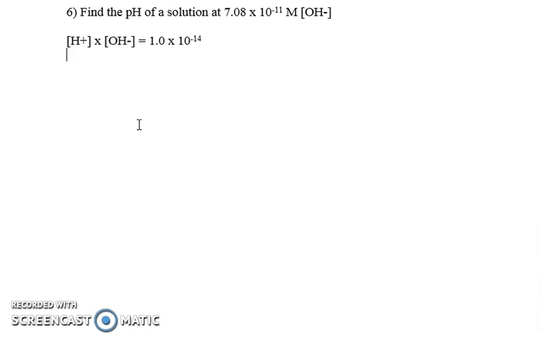If I clear the formula, and dividing by the concentration of hydroxide, which is this one over here, then that means that we're going to end up with a setup that looks like this.